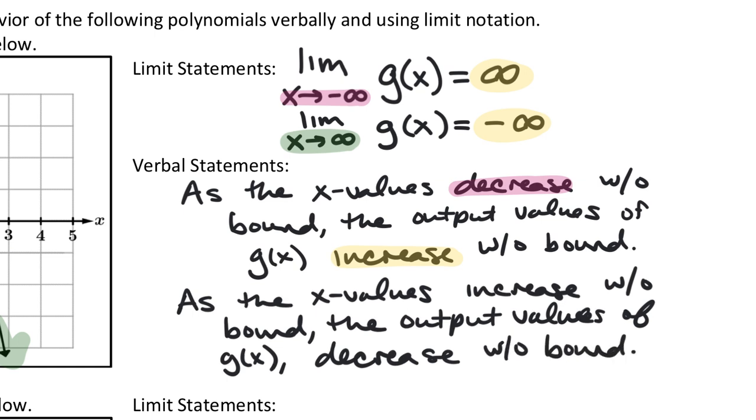So again, to understand what we just wrote here, the x values increasing means x is approaching positive infinity. The x values are getting bigger and bigger and bigger. The output values, since we see that arrow going down, are going to decrease, approaching negative infinity. I don't know why this comma is here. Let me get rid of it.